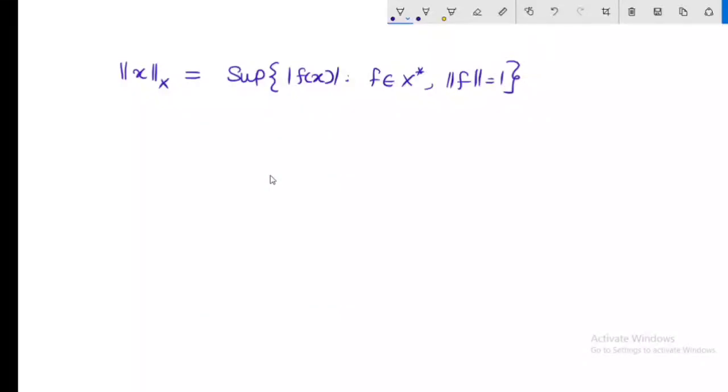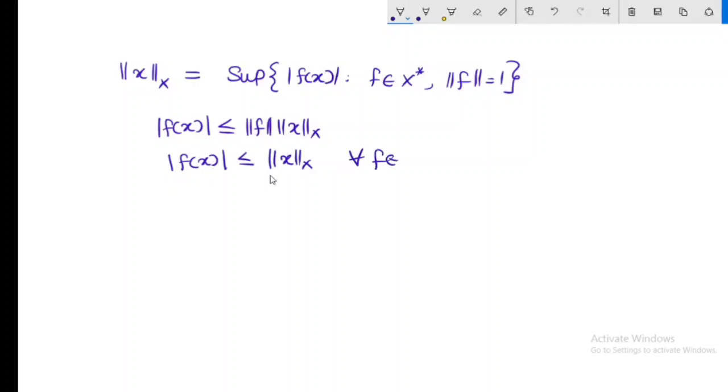We know that for any bounded linear functional, modulus of f of x is less than or equal to norm of f into norm of x. Therefore, modulus of f of x is less than or equal to norm of x for every f belongs to X star with norm of f equal to 1.